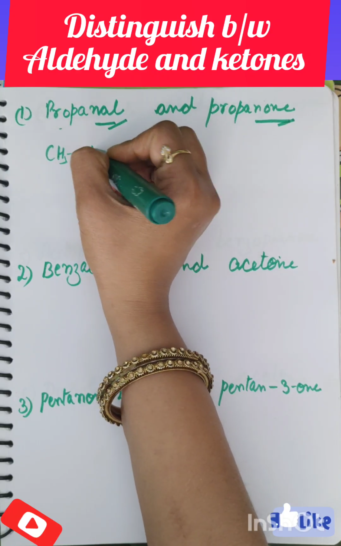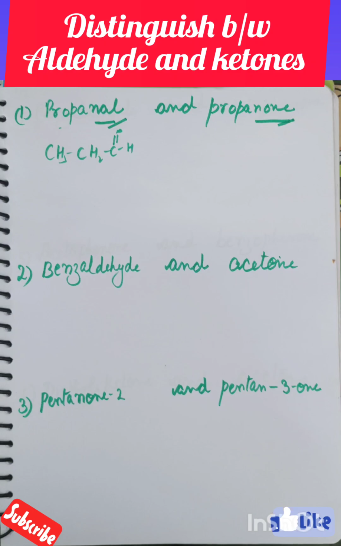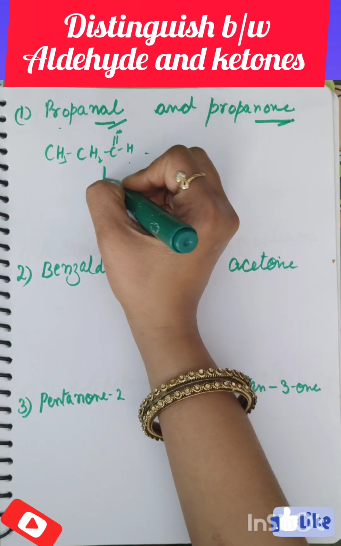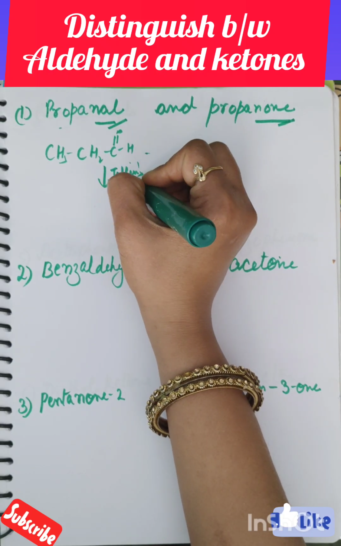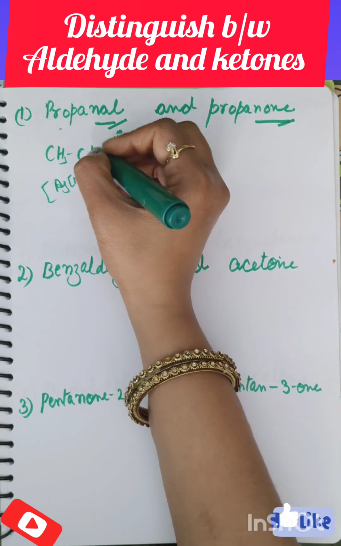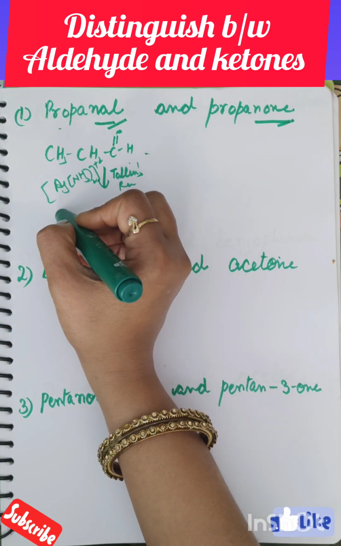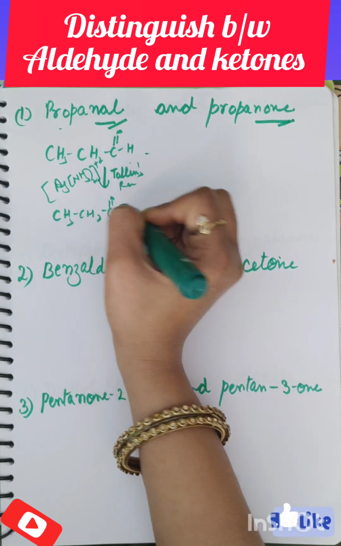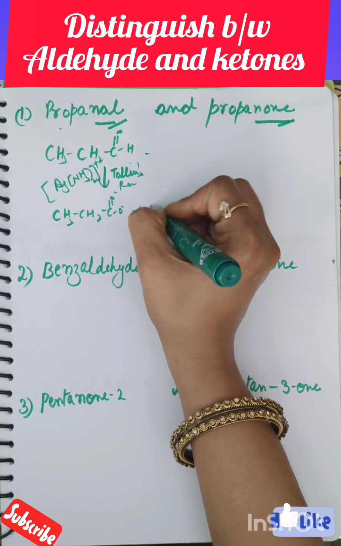CH3CH2C double bond OH, this is our aldehyde. It will give Tollens reagent test, diamine silver, positive, and we get CH3CH2COO negative plus our silver.